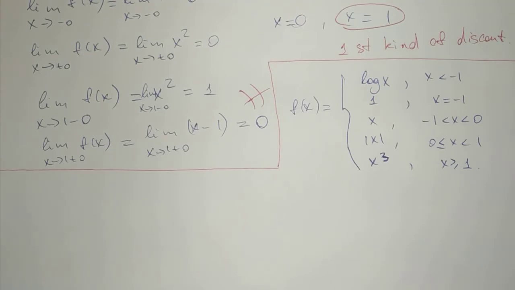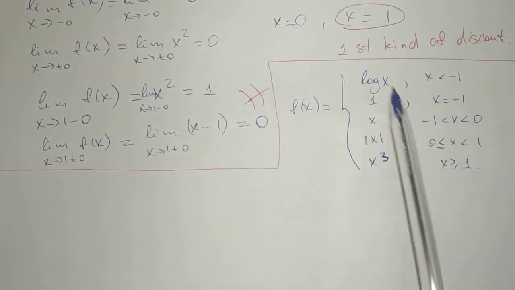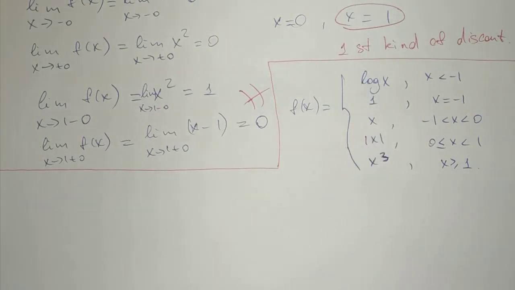Okay, in this case we can also find points of discontinuity among the linking points. So they are minus 1, 0, and 1, because all of the pieces are continuous functions. Okay, let's begin with minus 1 and find again one-sided limits.